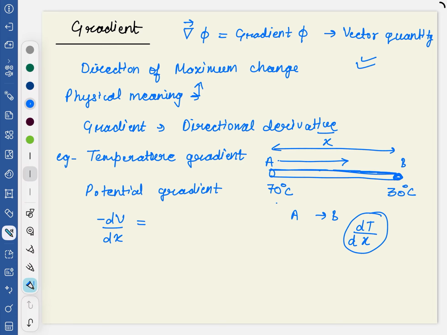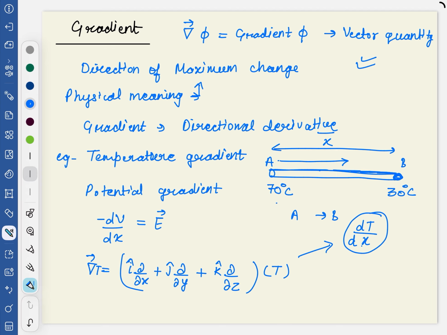So the gradient is dT by dx. So the del operator is i ∂/∂x plus j ∂/∂y plus k ∂/∂z, and T, temperature, may be anything.